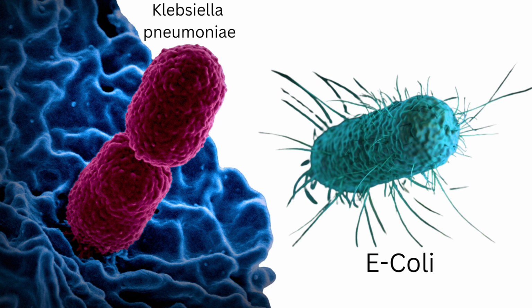This protective nature of the capsule interferes with the host immune response, allowing the bacterium to evade the body's defenses and increase its chances of causing infection by making it more challenging for certain types of WBCs to engulf and destroy the bacteria through phagocytosis.